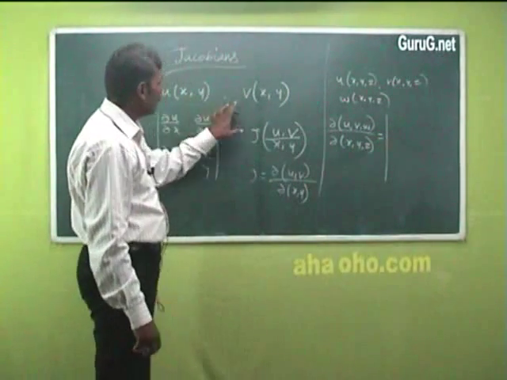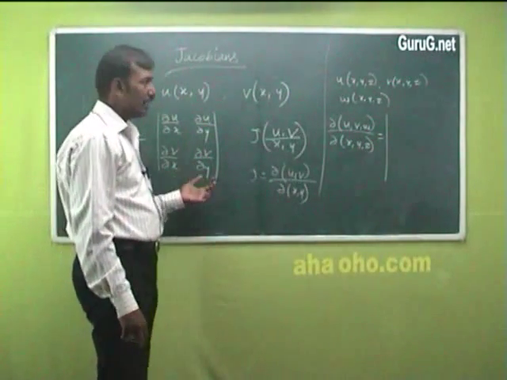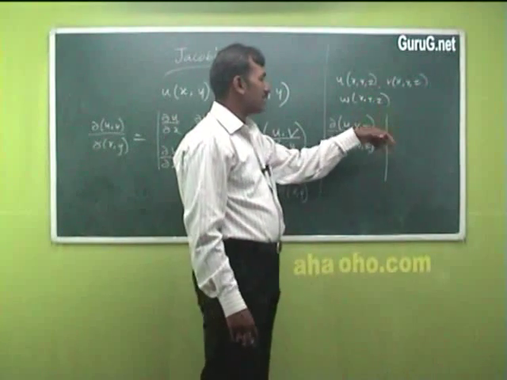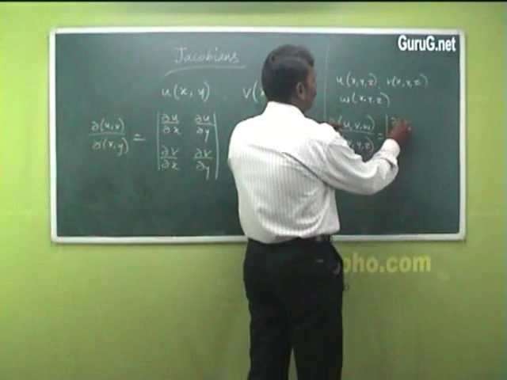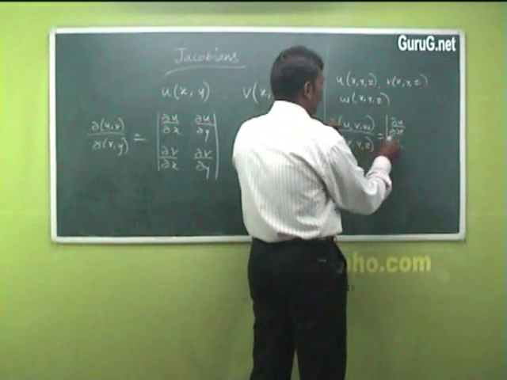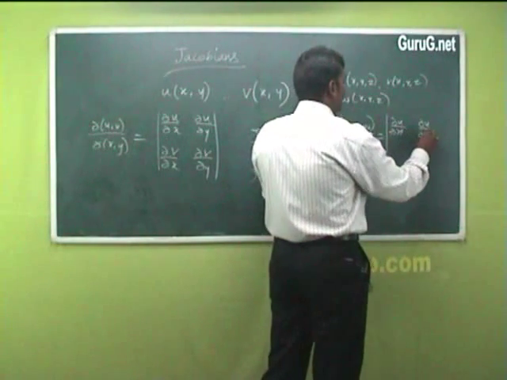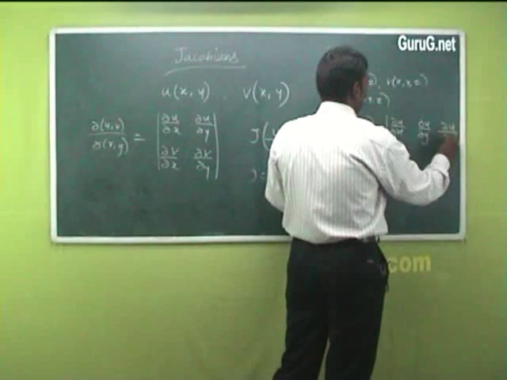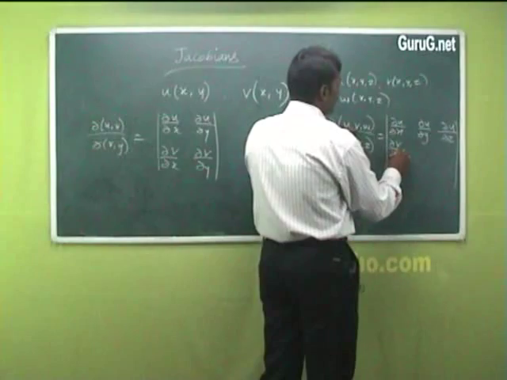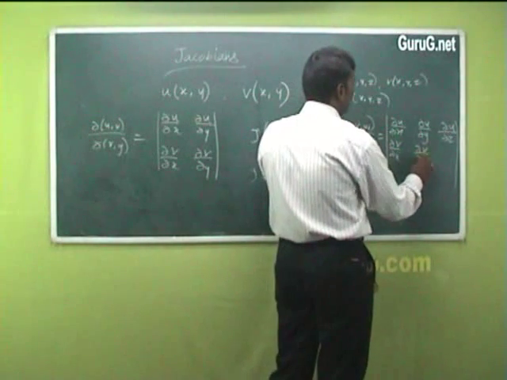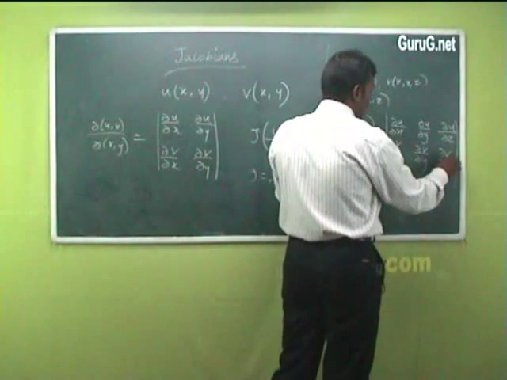If it is two independent variables, you go for a 2 by 2 determinant. If it is three independent variables x, y, z, there is a 3 by 3 determinant. First you take u: dou u by dou x, dou u by dou y, dou u by dou z. And the second row: dou v by dou x, dou v by dou y, dou v by dou z.